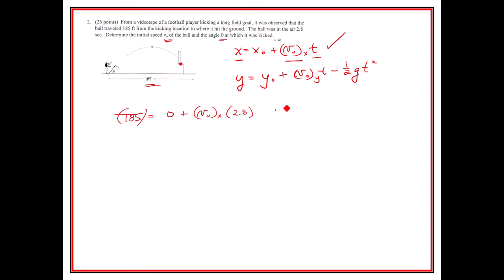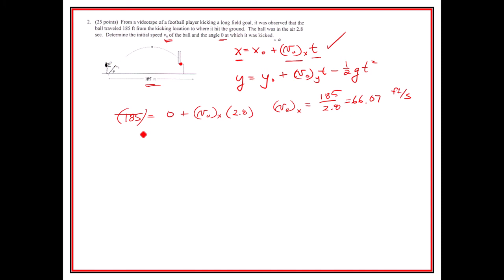So V0x is going to be 185 divided by 2.8, which isn't hard to do. He gets 66.07 feet per second.